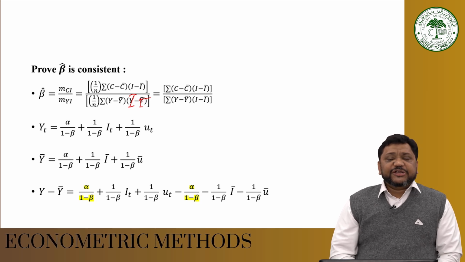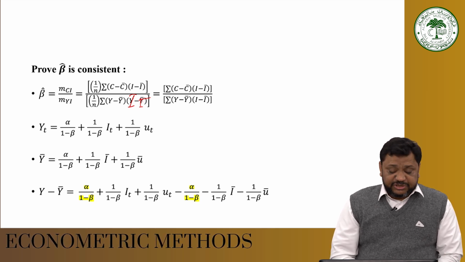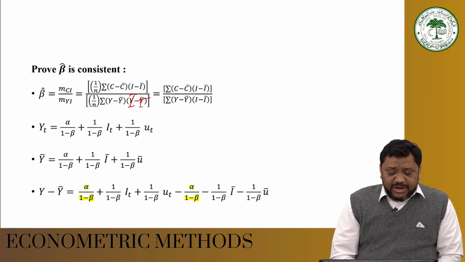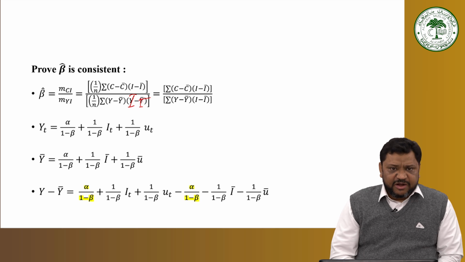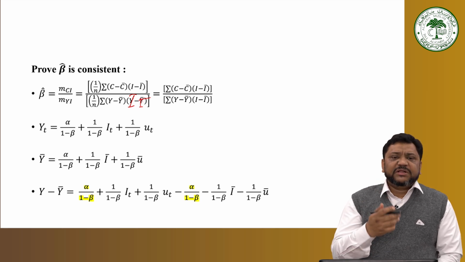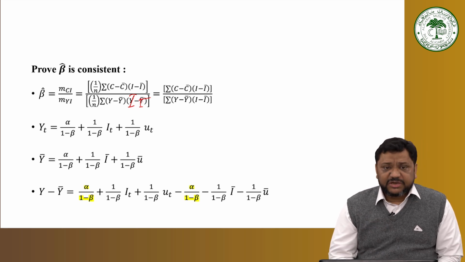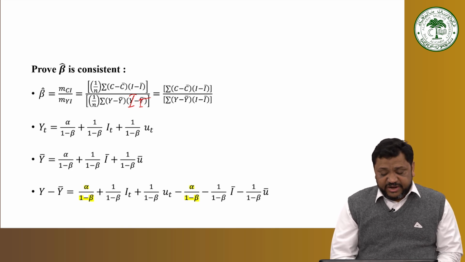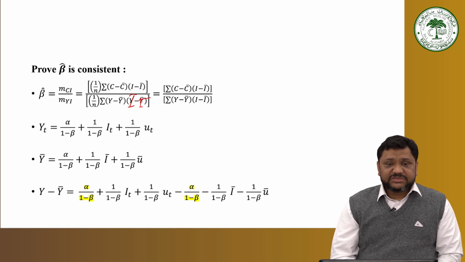So MYi should be 1 by n summation y minus y bar multiplied by I minus I bar. Now we can cancel 1 by n, which is in the numerator and also in the denominator. So you can write it as summation C minus C bar multiplied by I minus I bar divided by summation y minus y bar multiplied by I minus I bar.